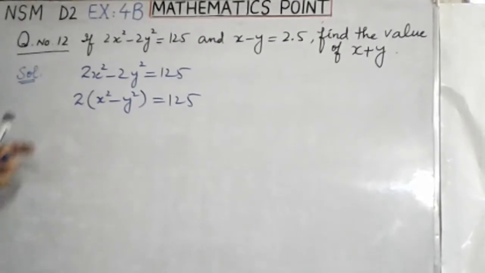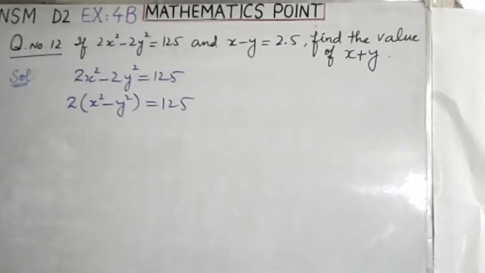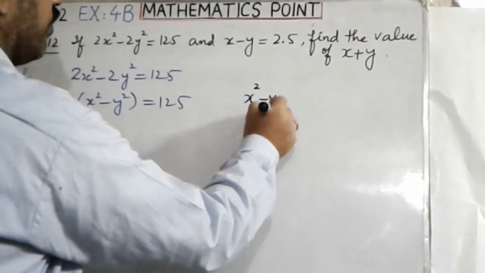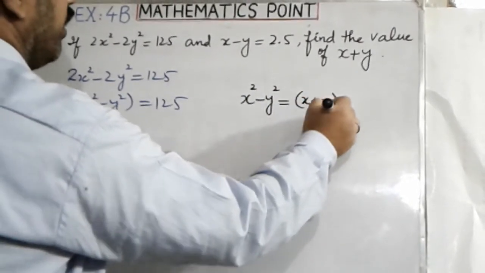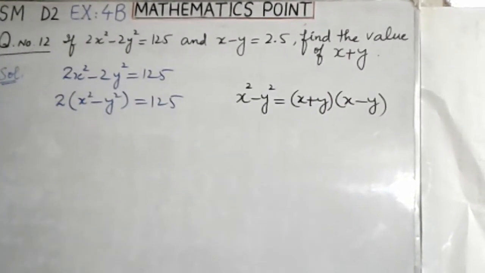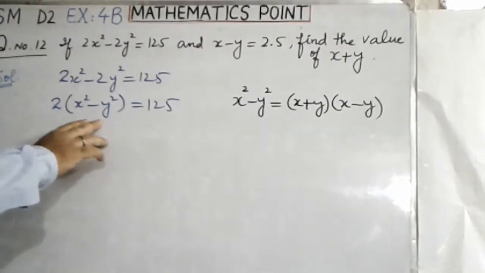Now students, you have learned the formula or identity that x square minus y square is equal to x plus y into x minus y. Now we are going to apply this formula here.